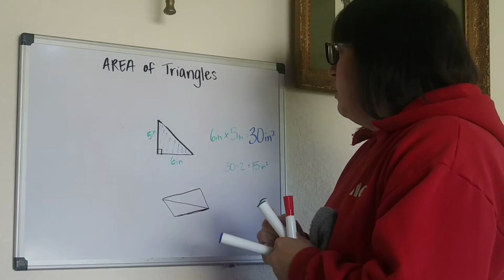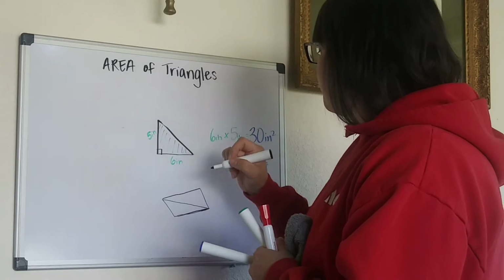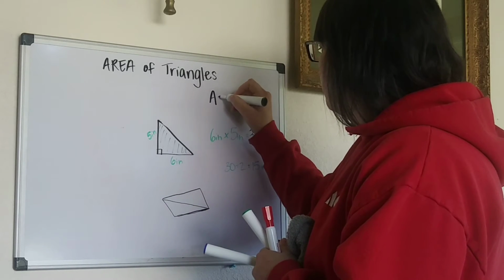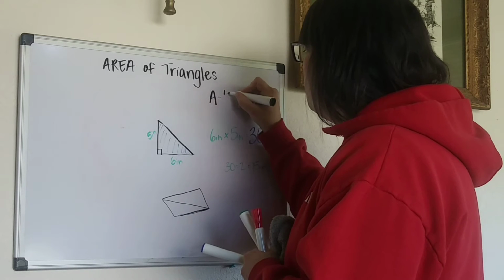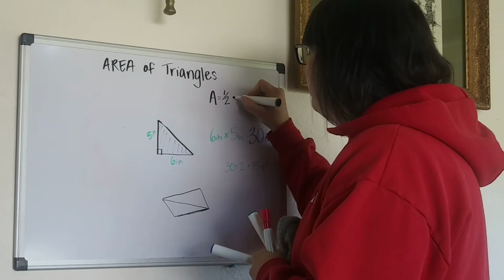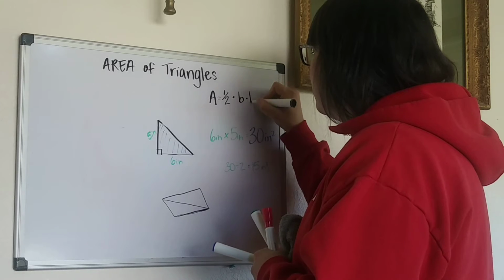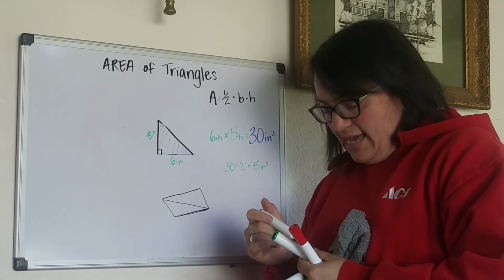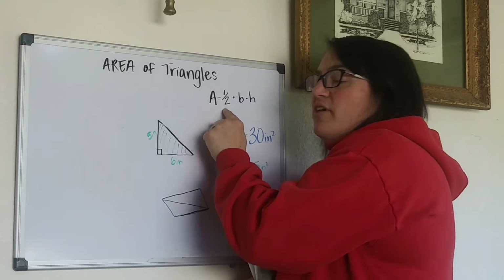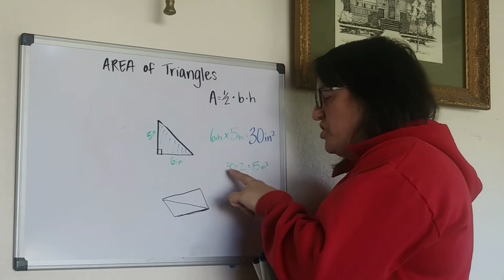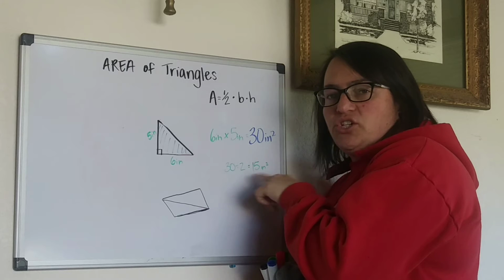So the formula for triangles is the area is 1/2 of the base times the height. Okay? And the beauty of this one, you see fractions and you go, you're just cutting a number in half, dividing it by 2.